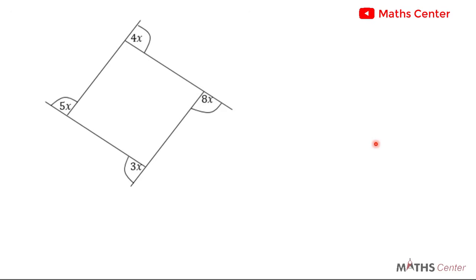In this diagram, you see that unlike the previous diagrams where we were given interior angles, in this diagram we have been given exterior angles. So here we have the exterior angle here to be 5s, the exterior angle here to be 4s, the exterior angle here is 8s, and the exterior angle here is 3s, and we are finding the value of s.